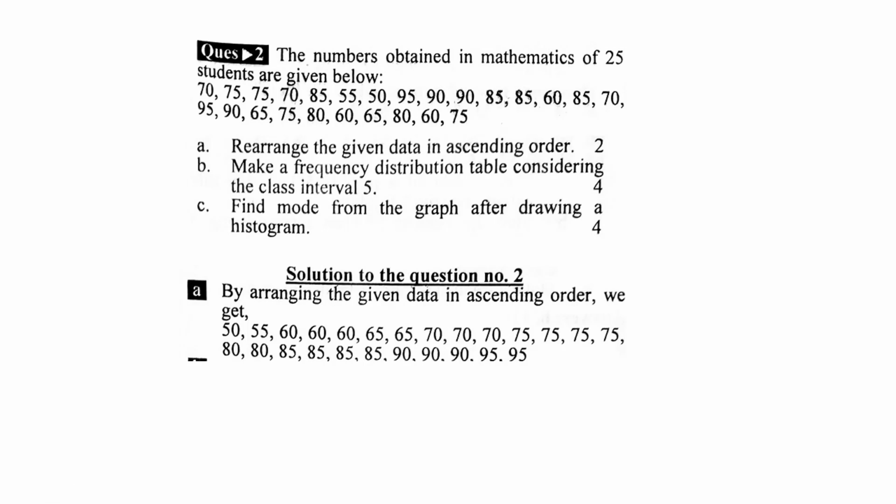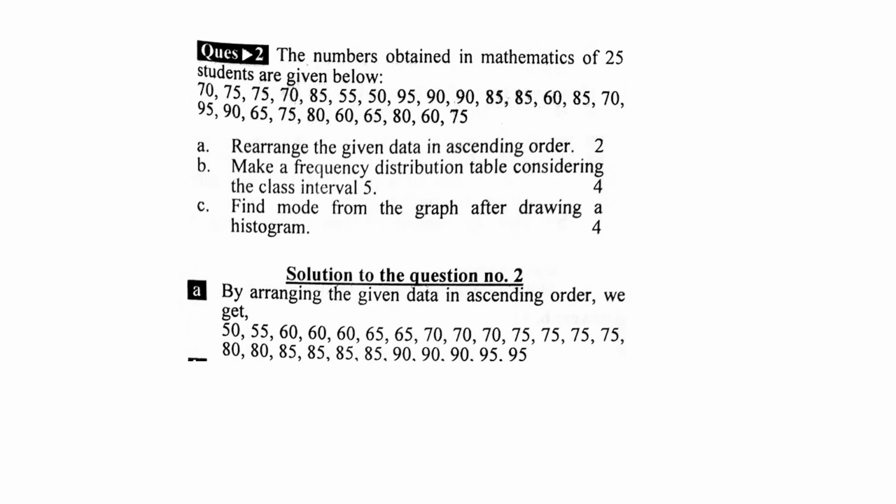In this data, the lowest number is 50 and the highest number is 95. The lowest and highest numbers are very important to find the range. You know the formula of range is highest number minus lowest number plus 1.